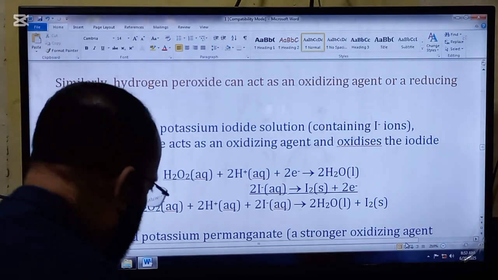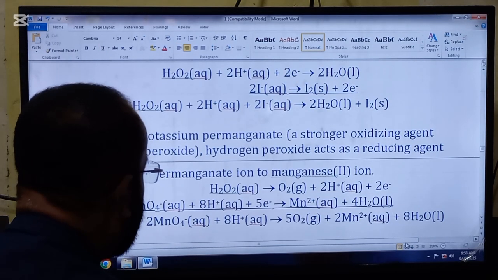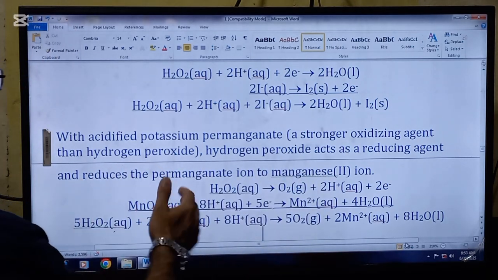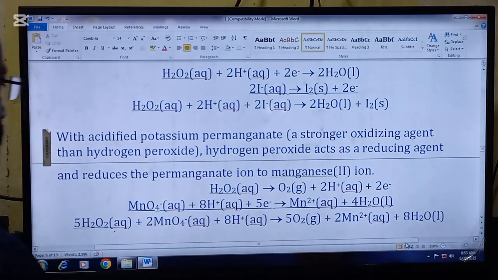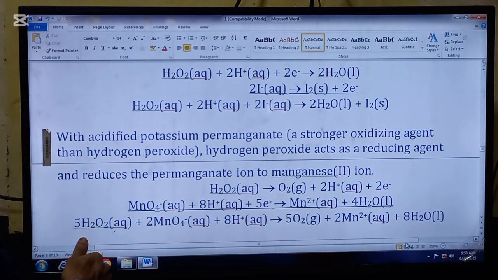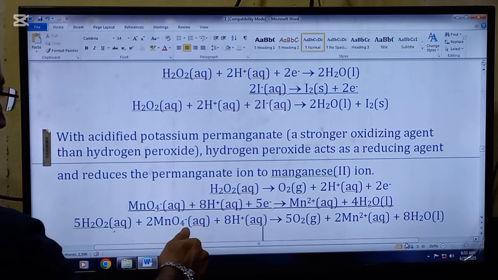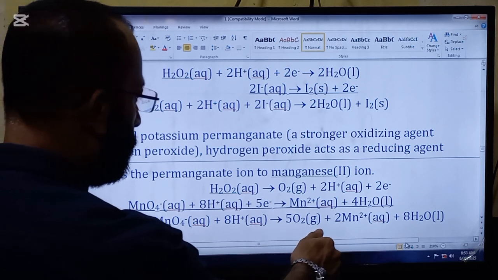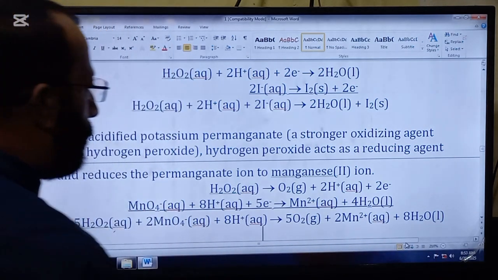With acidified potassium permanganate, a stronger oxidizing agent than hydrogen peroxide, hydrogen peroxide acts as a reducing agent. And here is the equation: 5H2O2 plus 2MnO4- plus 6H+ forms 5O2 plus 2Mn2+ plus 8H2O.